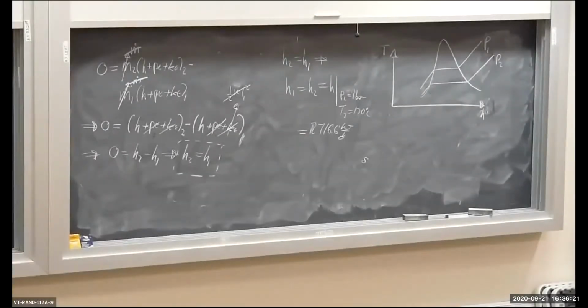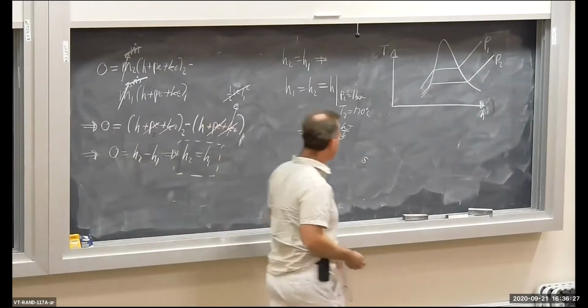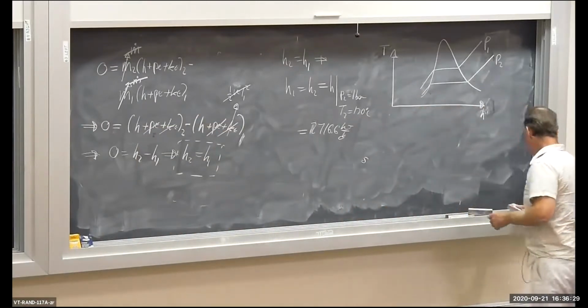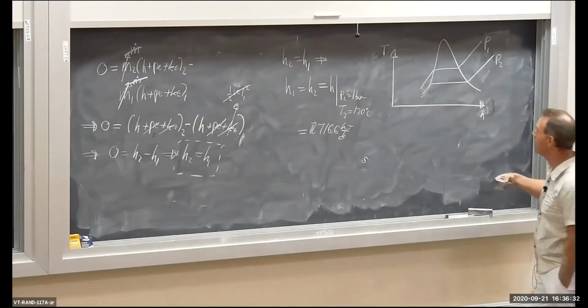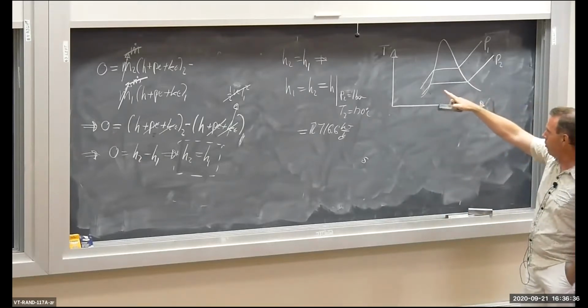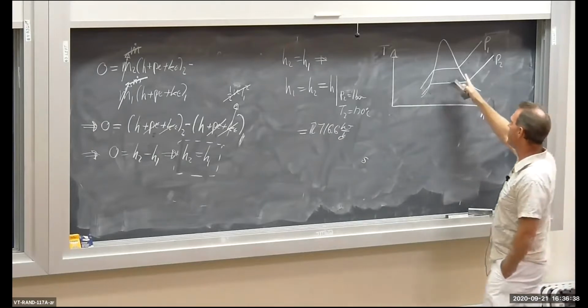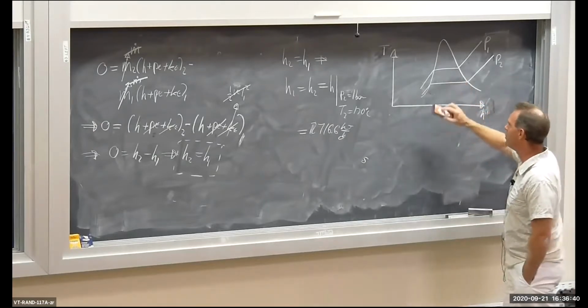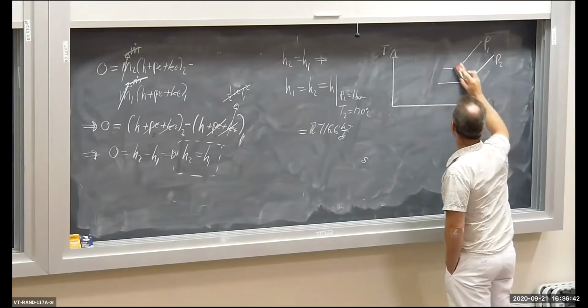Okay, so let's continue on here. One little thing I want to clarify. I usually don't use the TH diagram, so I think I might have misspoken a little earlier. There is a saturation dome on the TH plot, and it's qualitatively similar, but it's not exactly the same.